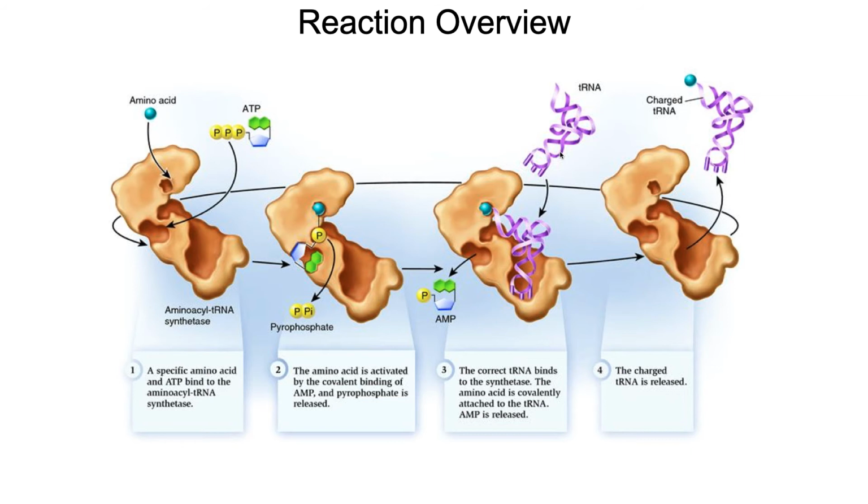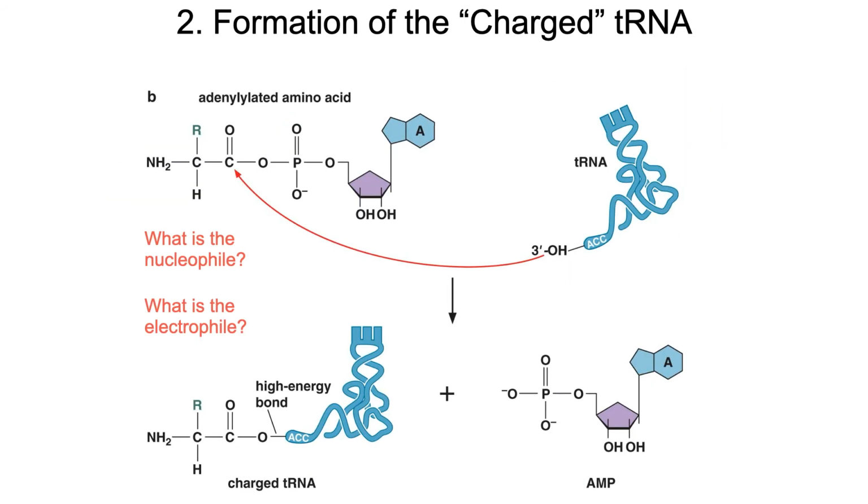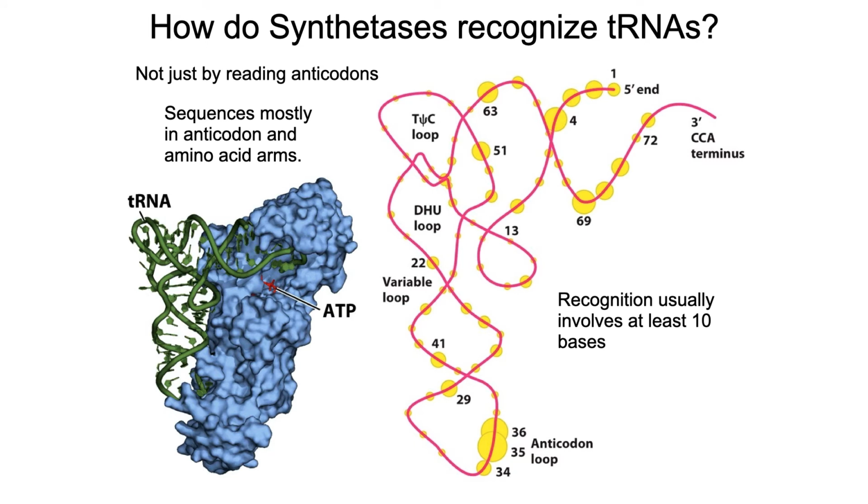That's really important, because if you make a mistake, if you add the wrong amino acid to the wrong transfer RNA, you're going to keep building incorrect proteins. So the way in which a synthetase recognizes transfer RNAs is sometimes considered the second genetic code.